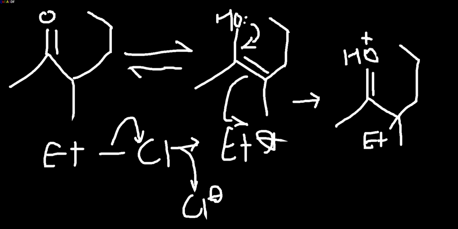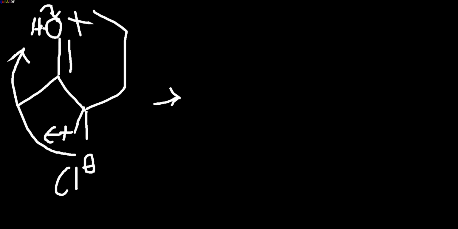Now, having an oxonium is not a favorable position for oxygen, and as you might notice, we already have this chloride right here, which is ready to accept a hydrogen. So, in this last step, the oxonium is going to simply be deprotonated by the chloride, which is going to give us our final product, where the chloride attacks the hydrogen in order to form the final product, which has a ketone group and our substituent.